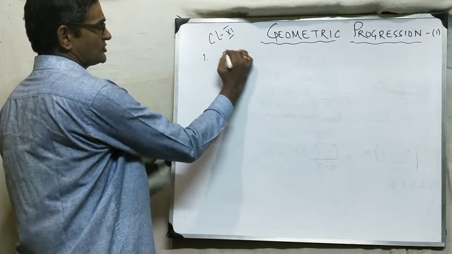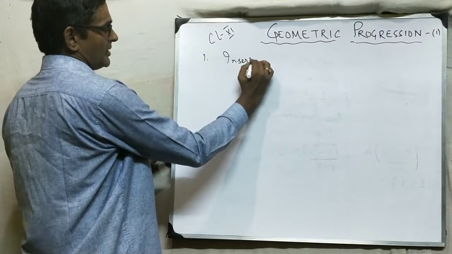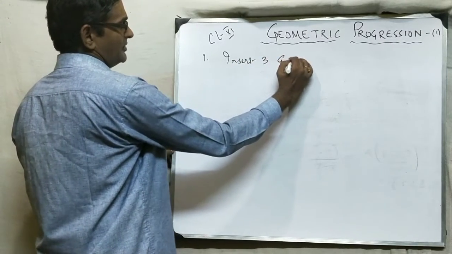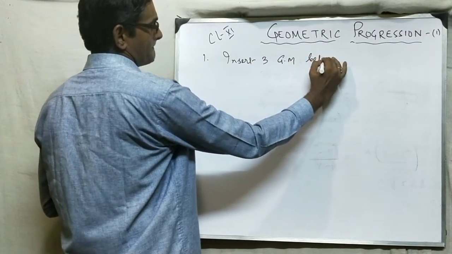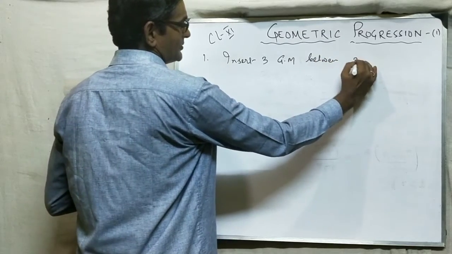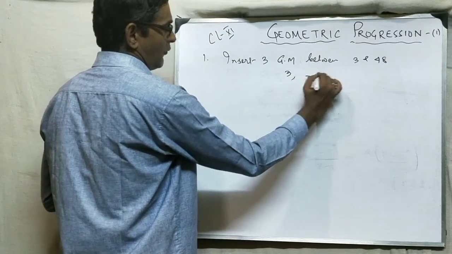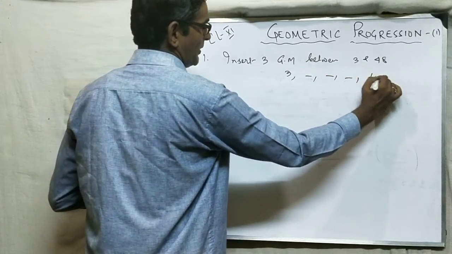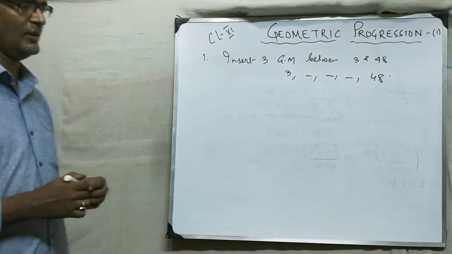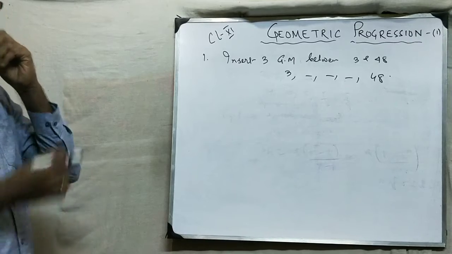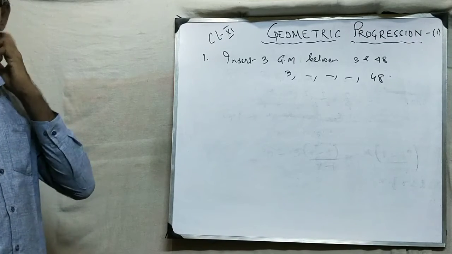See, the first question is: insert 3 geometric means between 3 and 48. This means 3 is a number, then we will put 3 numbers, and the next number will be 48. So this is what they have asked.